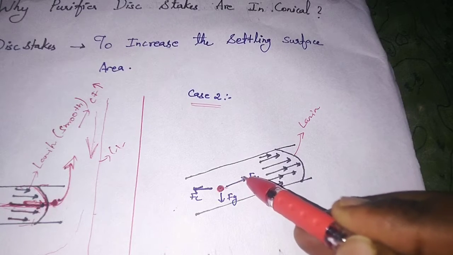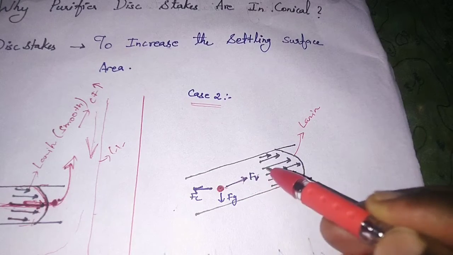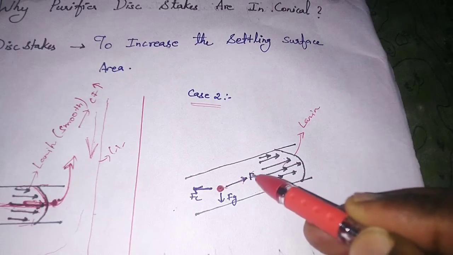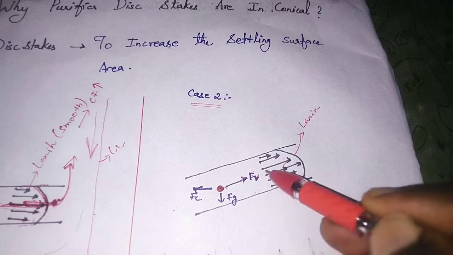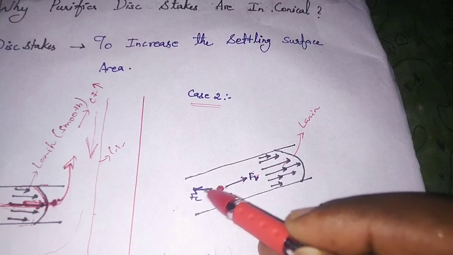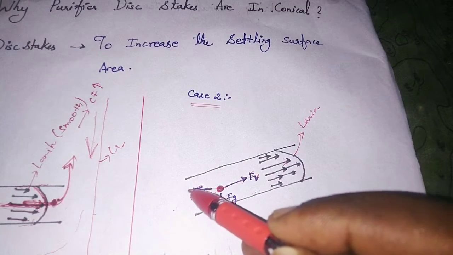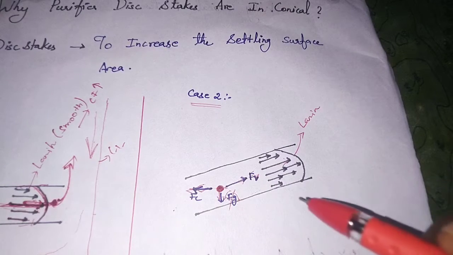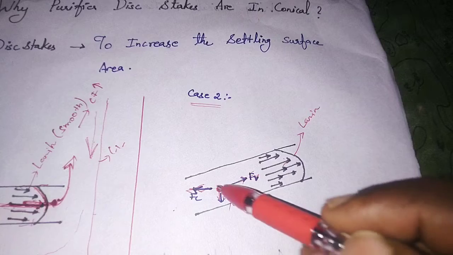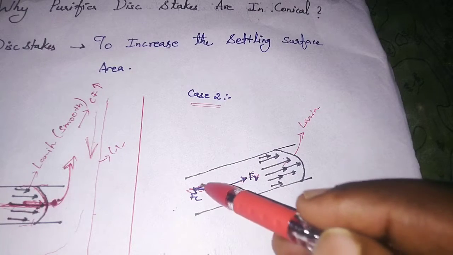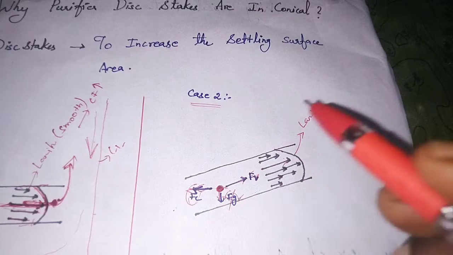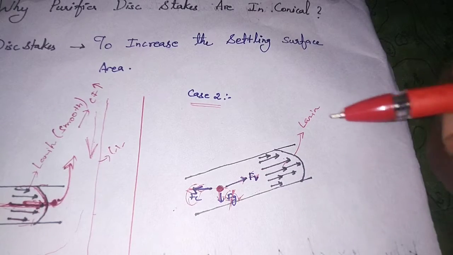There is a velocity force, because the centerline molecules have higher velocity, so the velocity force is in the upward direction, and in the outward direction there is a centrifugal force. Downward is the gravity force. The gravity force is negligible because the centrifugal force is much higher than the gravity force, so we neglect that.